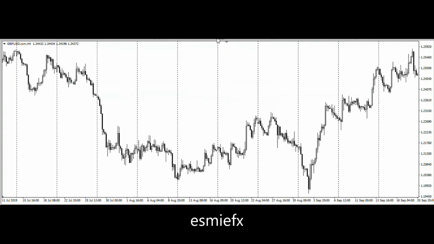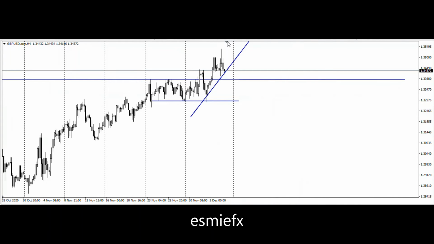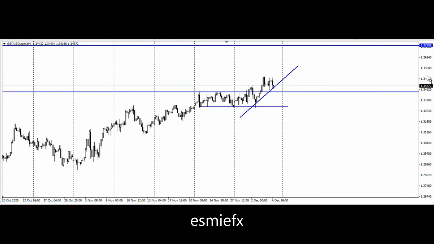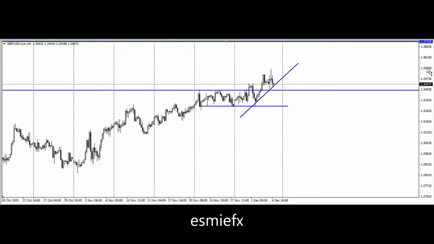So if I go back to 4 hour, price is on this area here and it's still, this is the low. So as long as price respects this trend line, then I will still look to buy this currency pair.